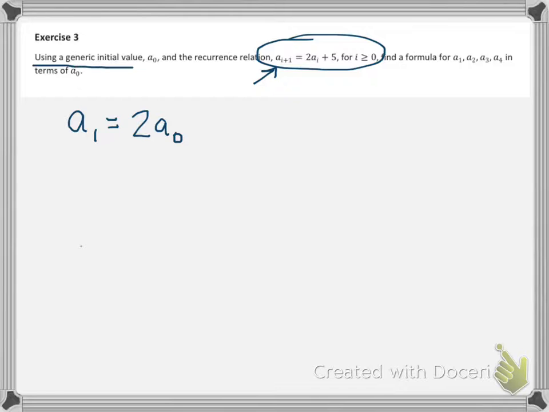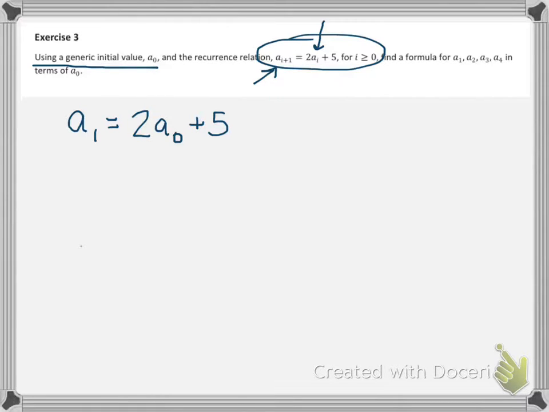Remember, using a generic initial value of a sub 0. And a sub i is our initial value, so 2 times a sub 0 plus 5 is equal to our next starting value, which would be a sub i plus 1. A sub 0 plus 1, which is a sub 1. Okay, there's the first one.